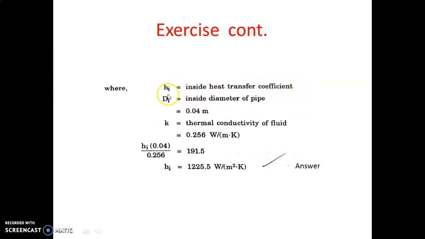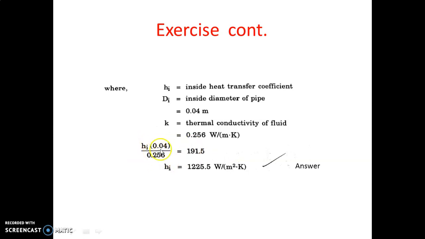We have di, that means the inside diameter of the pipe, which is also given. Thermal conductivity of the fluid is also known. Then put these values, and the right hand side of the equation we have already calculated, that is 191.5.